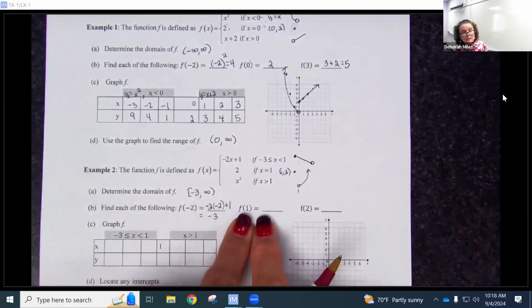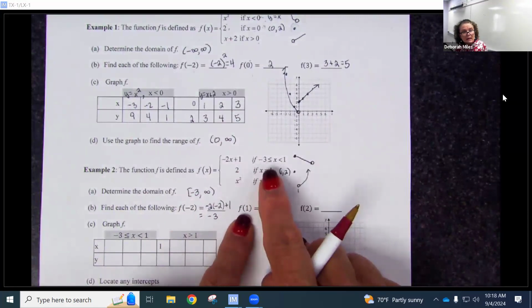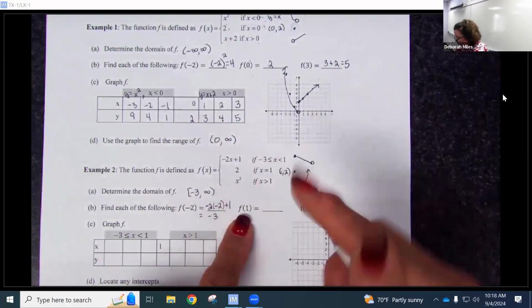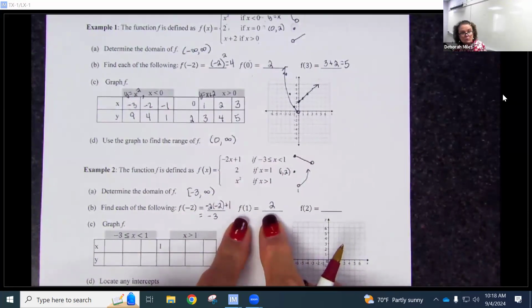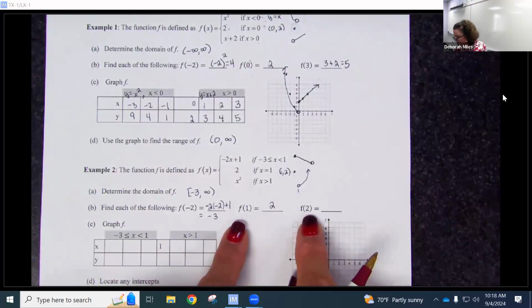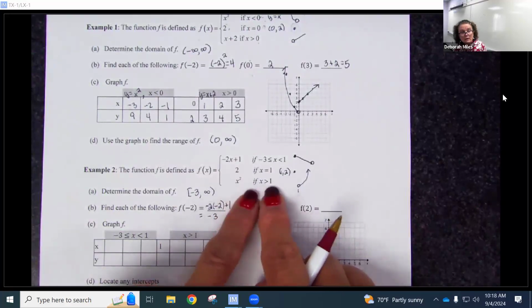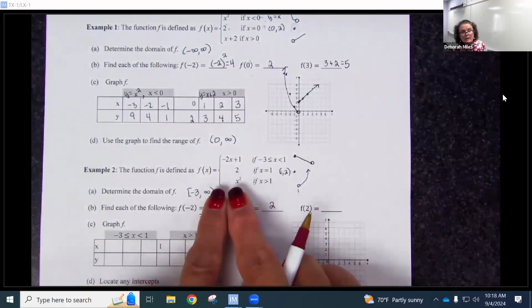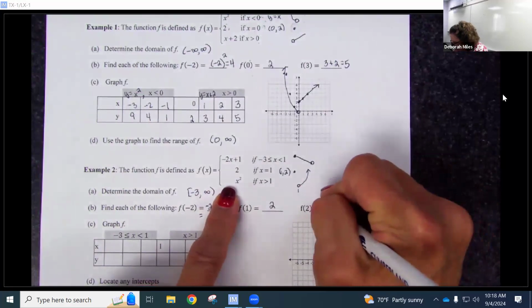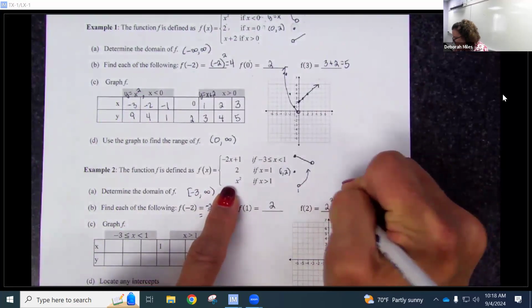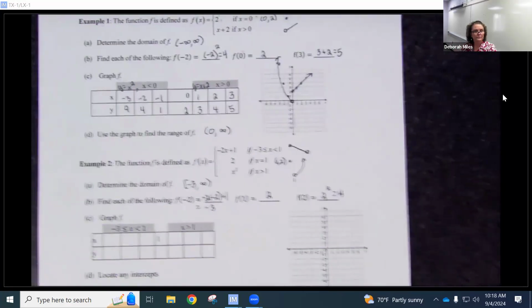F of 1, this middle part tells me when x is 1, I don't have to do anything. It's always going to spit out a 2 for the y value. And f of 2 is the third part of this domain where the expression is the square of whatever I put in. If I put in a 2, it spits out a 2 squared or a 4.